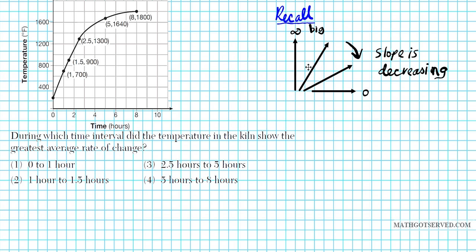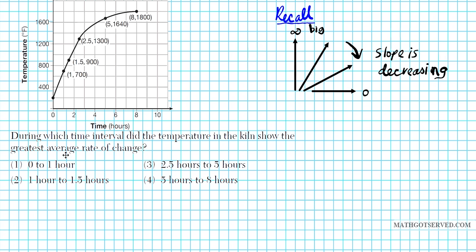So this line right here has a greater slope than this line right here. And this one has a greater slope than this one right here because it slants more and is increasing from left to right. Now why are we talking about slope of lines?